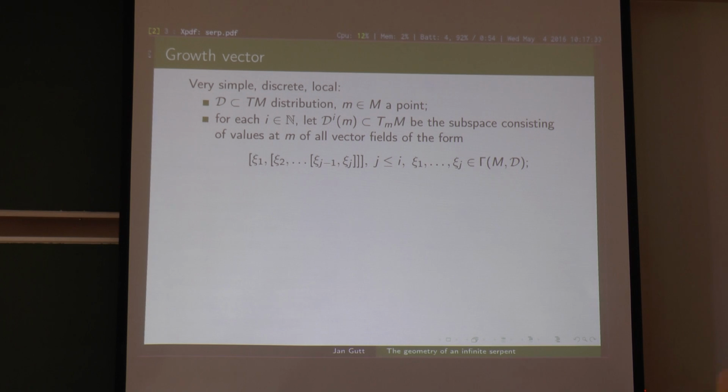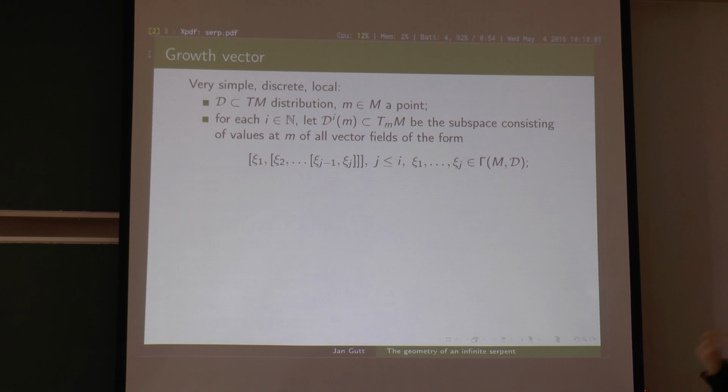For each integer I, I will take all vector fields which I can obtain by taking at most I sections of the distribution and computing an iterated Lie bracket. So I look at all such vector fields, then I take the values at the point M, this gives me some vector subspace of the tangent space at M, and I call this subspace D superscript I of M.